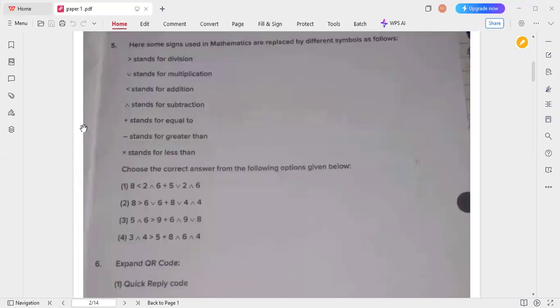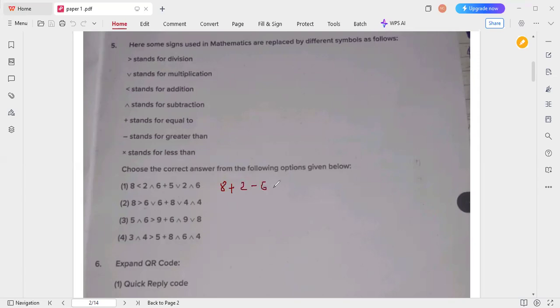Here some signs used in mathematics are replaced by different symbols as follows. This stands for division, this for multiplication, this for addition, then subtraction, equals to, greater than, lesser than. Choose the correct answer from the options given below. Here, this stands for division, this for addition: 8 plus 2, and this stands for minus 6.